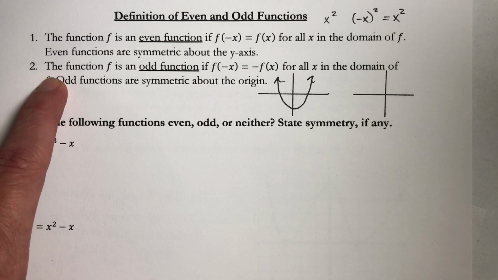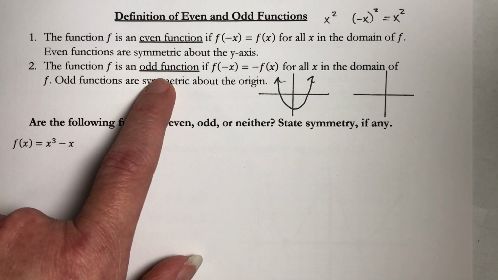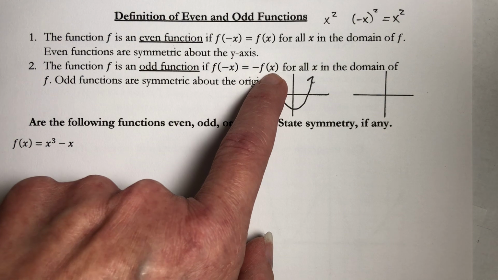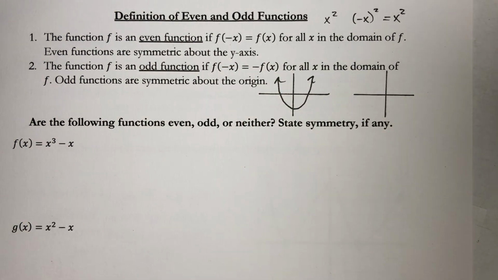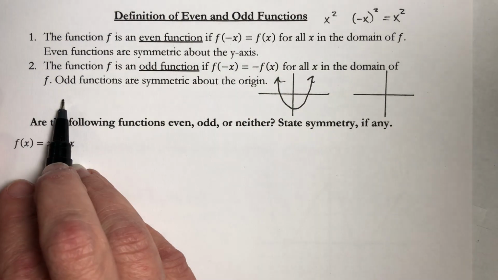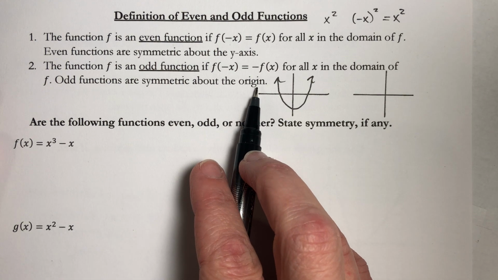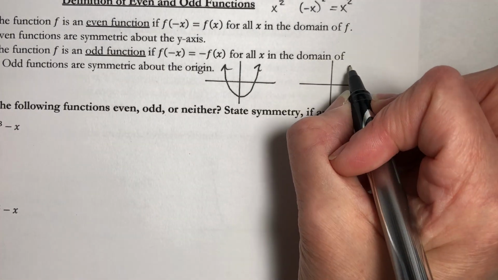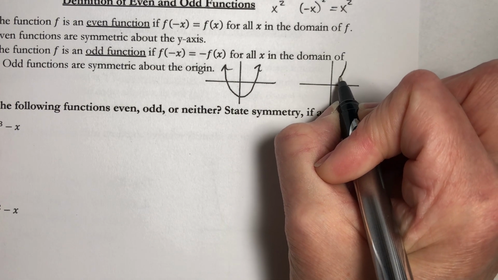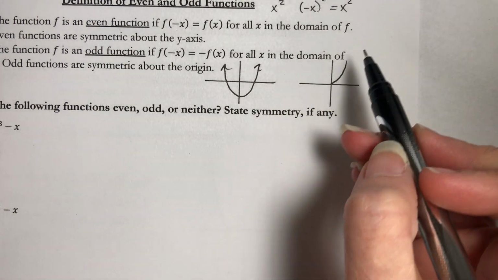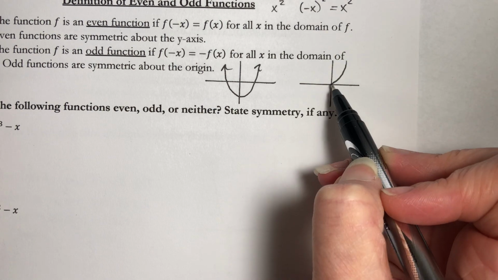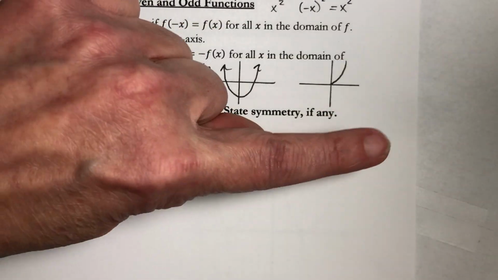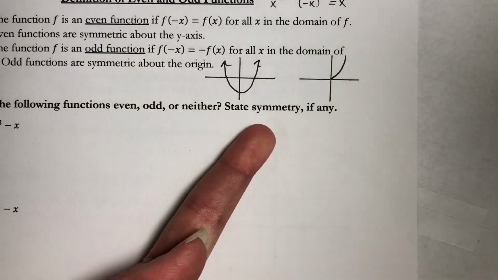Now, the function f is odd if when you plug in negative x, it's the same as multiplying the original function by a negative. Odd functions are symmetric about the origin. Origin symmetry is a little bit weird. If I had something up in this quadrant, then it's going to appear down here. Imagine folding your graph from here to here and then here to here.